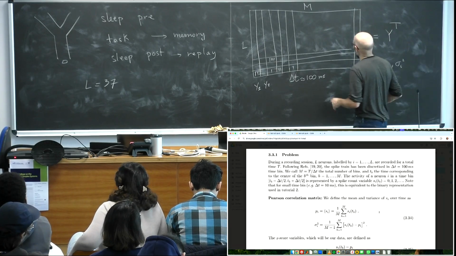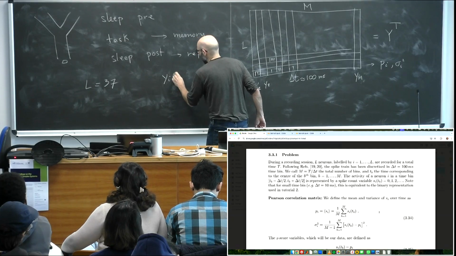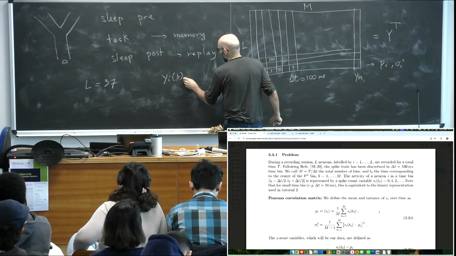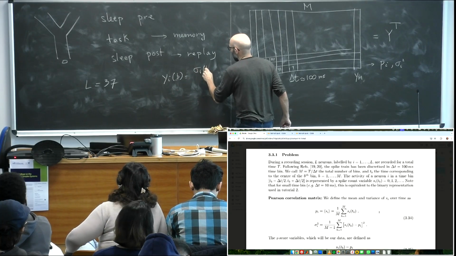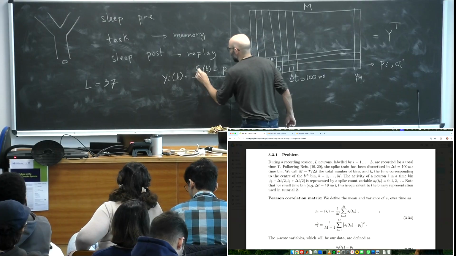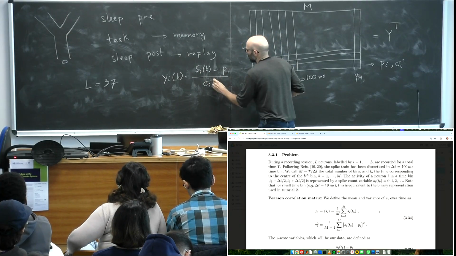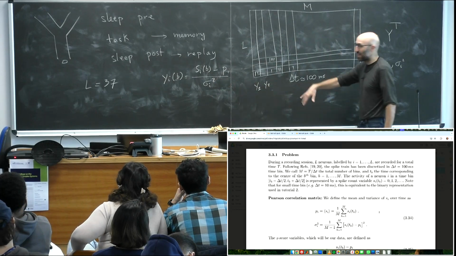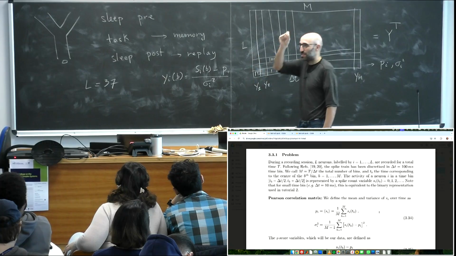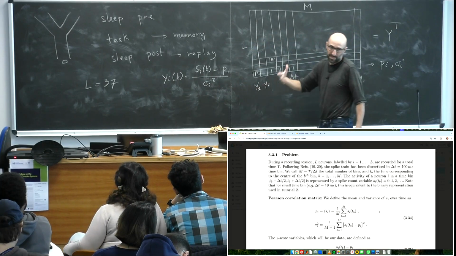And then you define y_i in bin b, where b is the index that goes from 1 to m, simply as the number of spikes minus the average. It is usually a good idea also to divide by the standard deviation, in such a way that in your matrix C, the diagonal elements, which are the variances of the y, are all equal to 1.